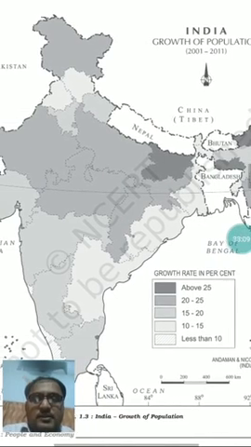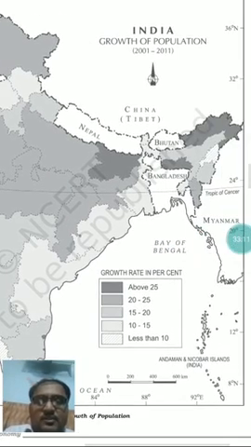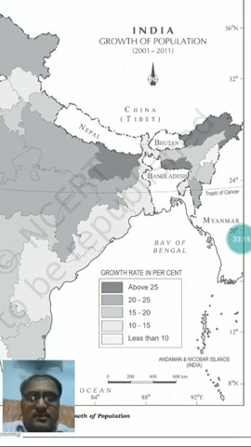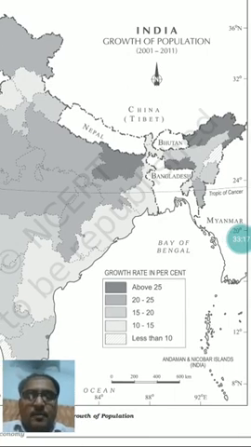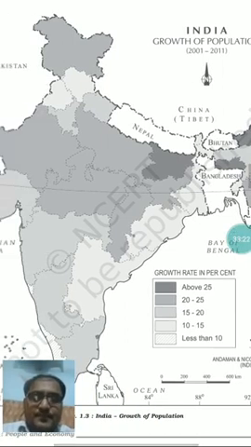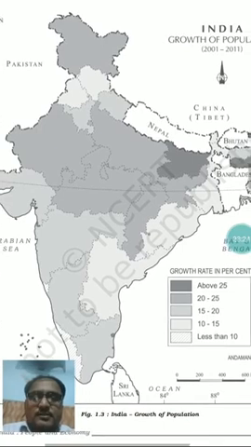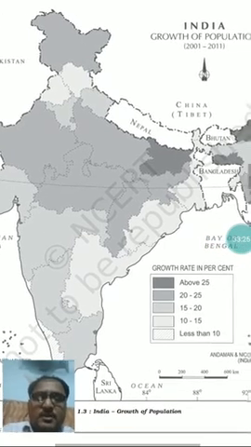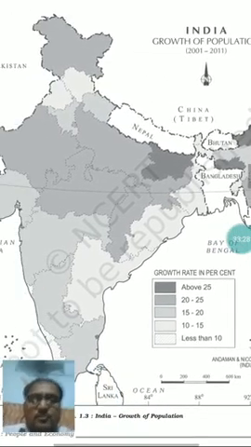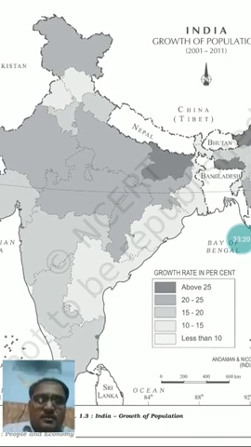Besides, all the North Indian states, Jammu and Kashmir and northeastern states also come under the higher population growth rate. It includes Rajasthan, UP, Madhya Pradesh, Jharkhand, Assam, Jammu and Kashmir, Haryana. And then comes the third, 15 to 20% growth rate.